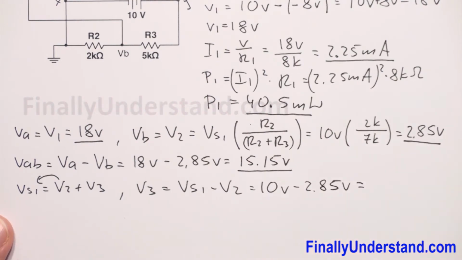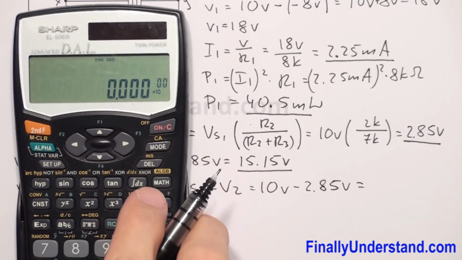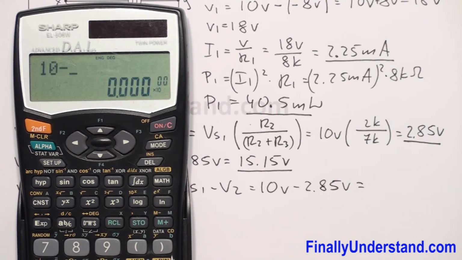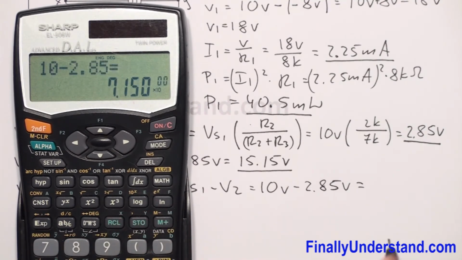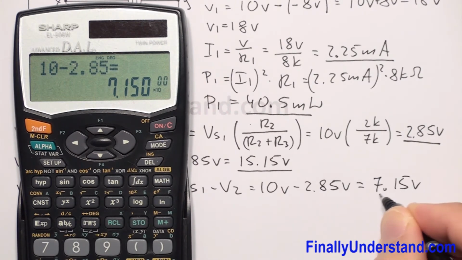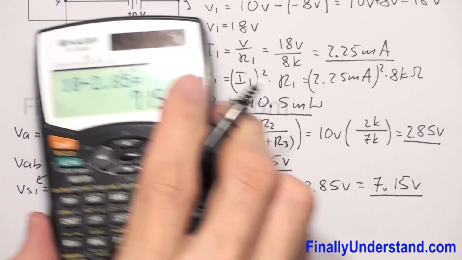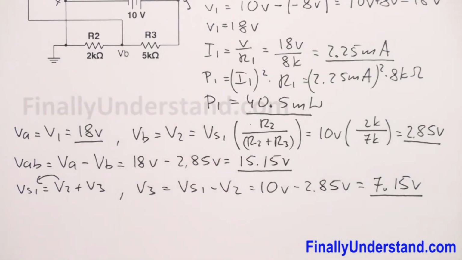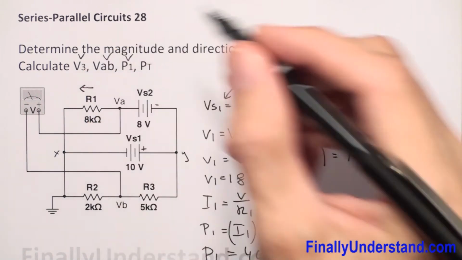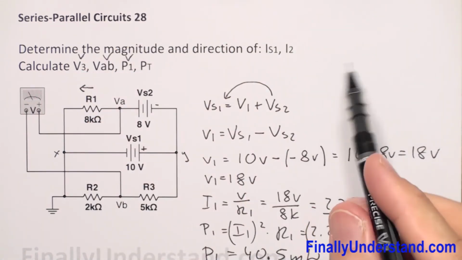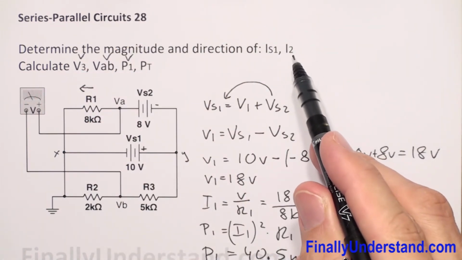So I have 10 minus 2.85. This is equal 7.15 volts. Okay, so this is my voltage V3.